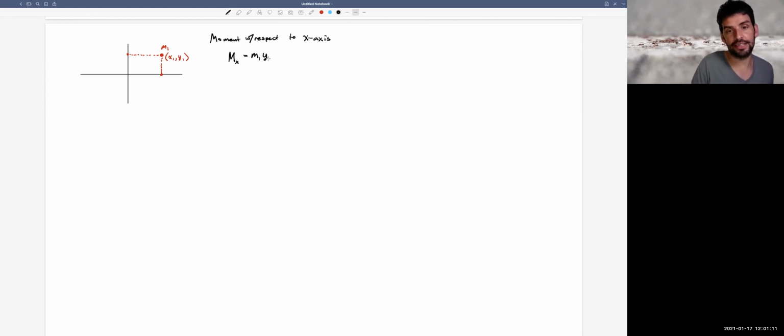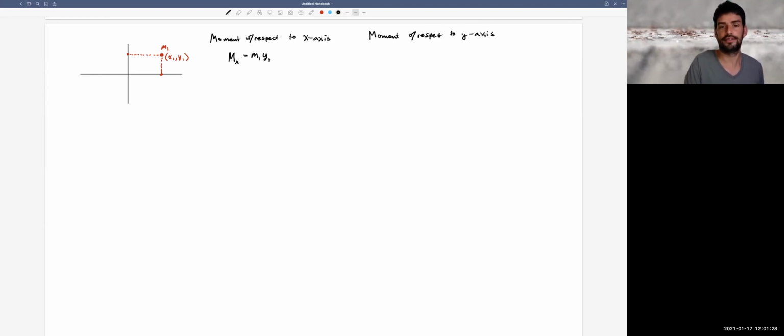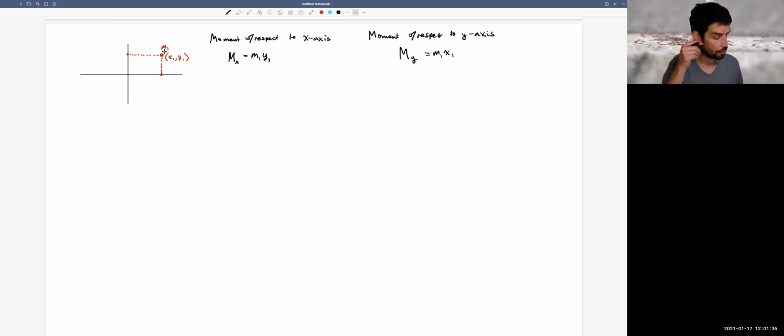Well, its distance is given by the y-coordinate. So the moment with respect to the x-axis has the y-coordinate in it, and the moment with respect, sorry, that got sloppy, to the y-axis is the mass times the x-coordinate. That's the distance from the y-axis, okay? So that's how we determine these moments when there's a separate moment for the x and the y.